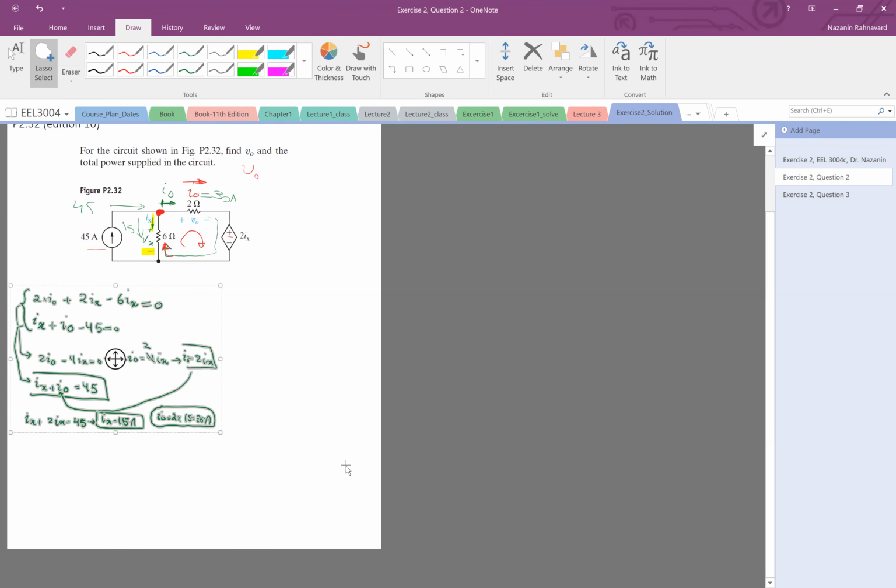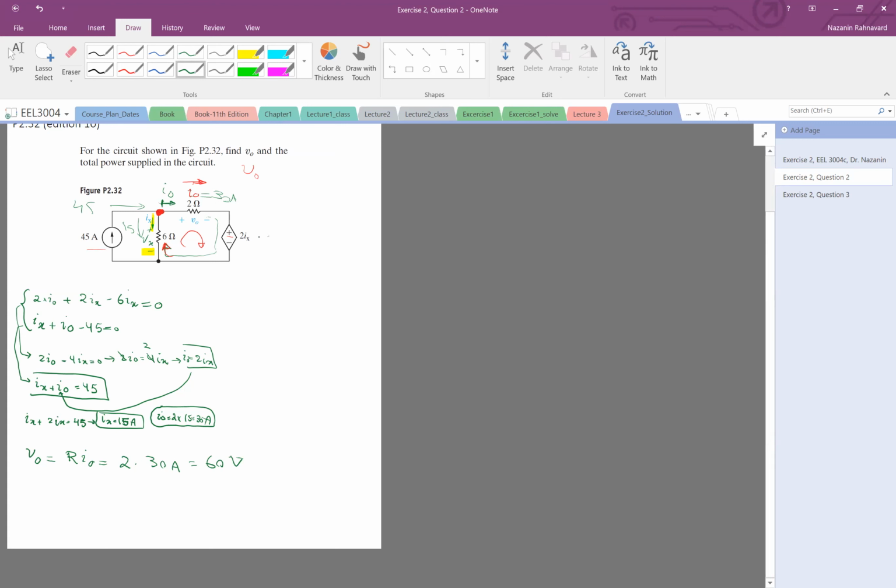Good. The VO is R times I. R is 2 ohm, IO happened to be 30 amp. 2 ohm times 30 amp is 60 volt.